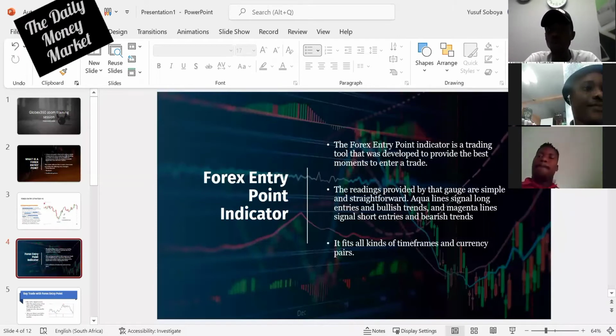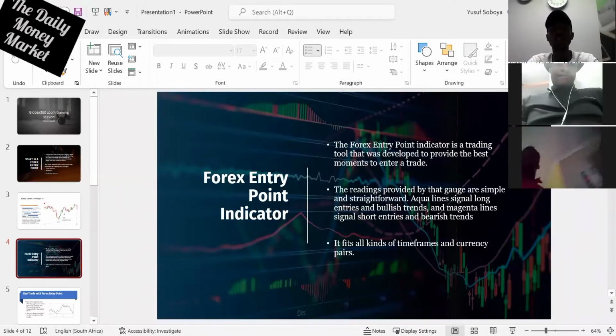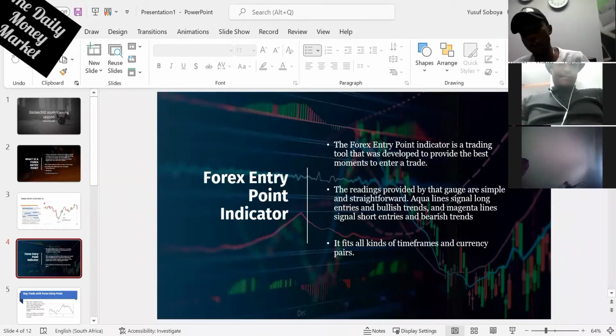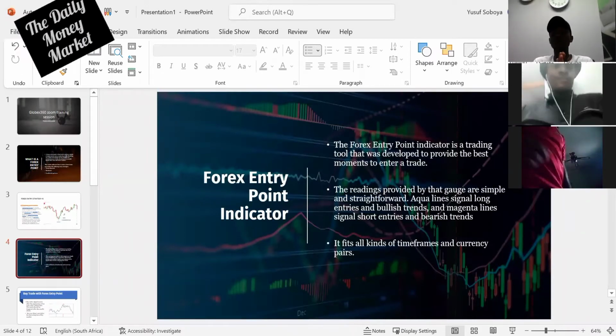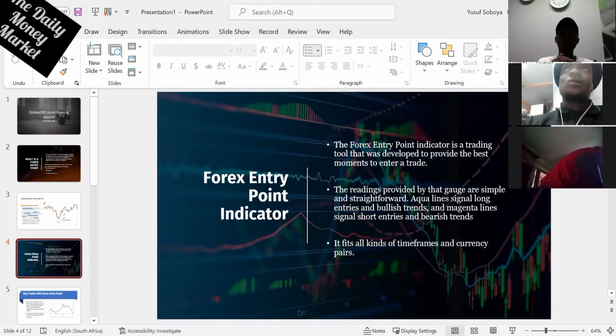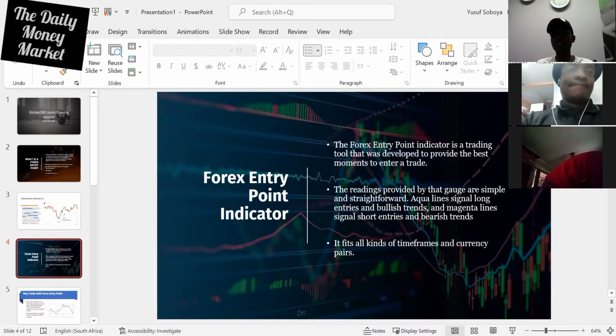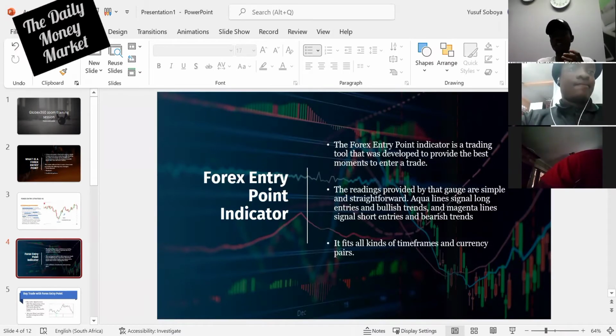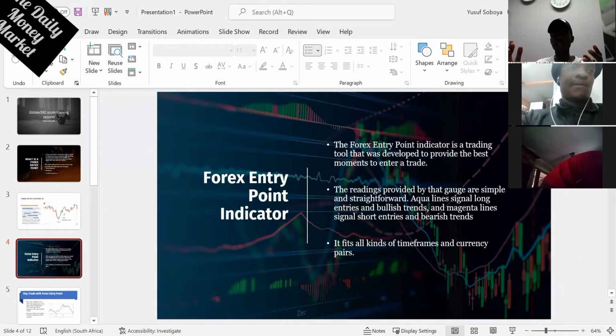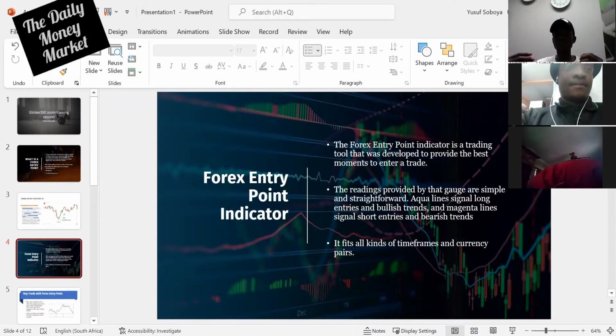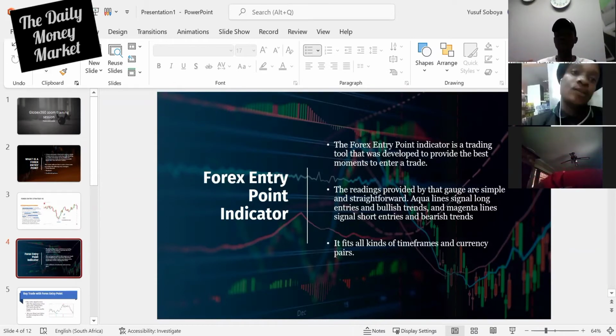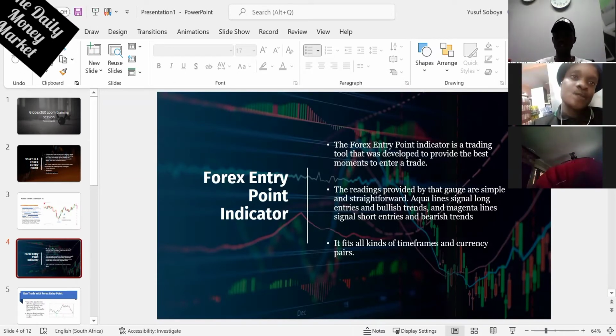All right. So in a market, also regarding the forex entry point, you might find types of indicators that actually give you the forex entry point. The forex entry point indicator is a trading tool that was developed to provide the best moment to enter the trade.